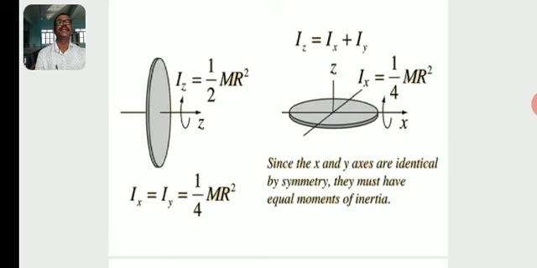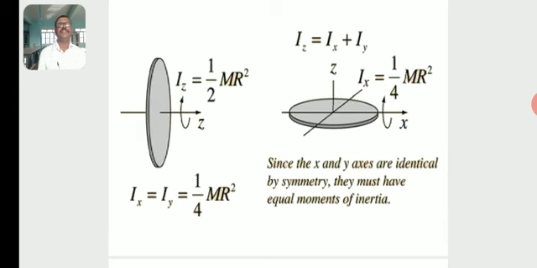So what about the moment of inertia about an axis passing through its diameter? Maybe the moment of inertia about the x-axis or the y-axis. Then Iz is equal to Ix plus Iy, applying the perpendicular axis theorem.